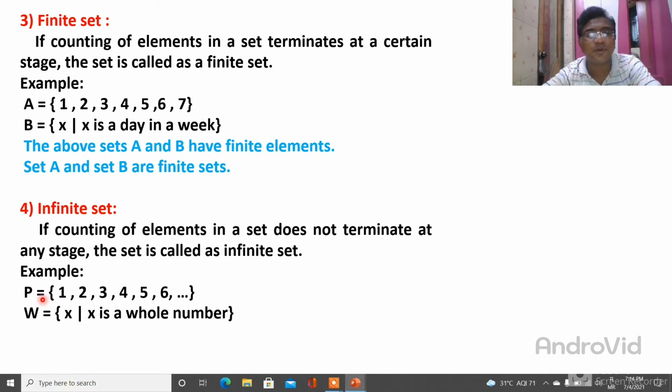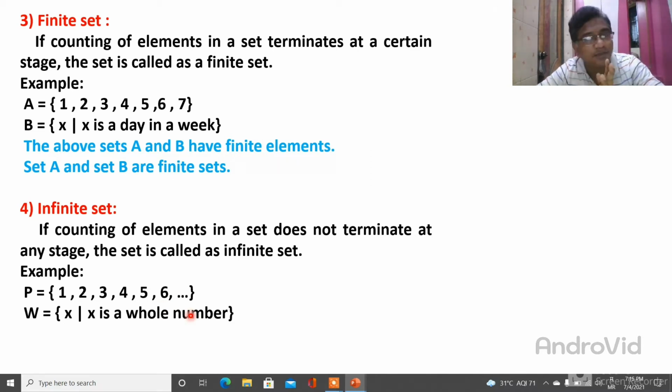See, the natural numbers set N is 1, 2, 3, 4, 5, 6, and so on. Where they terminate, we don't know. Another, W is the set of x such that x is a whole number. Whole numbers start from 0, 1, 2, 3, 4, and so on. Where they end, we don't know. Such a set is called an infinite set. So the natural numbers, whole numbers, integers and real numbers are infinite sets.